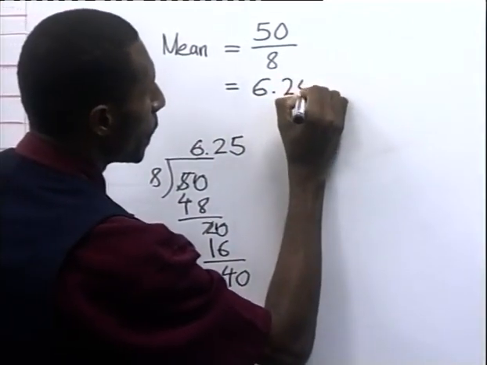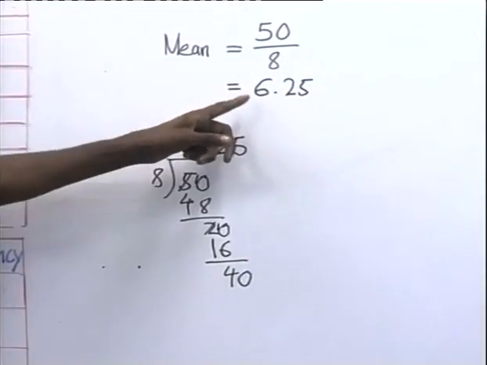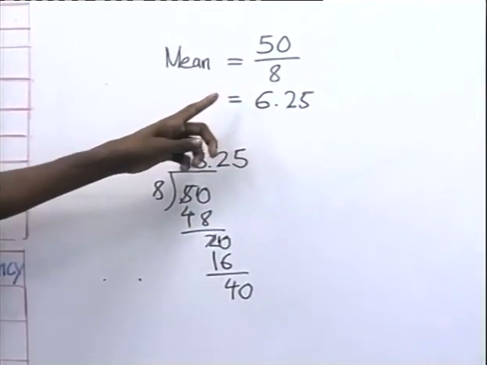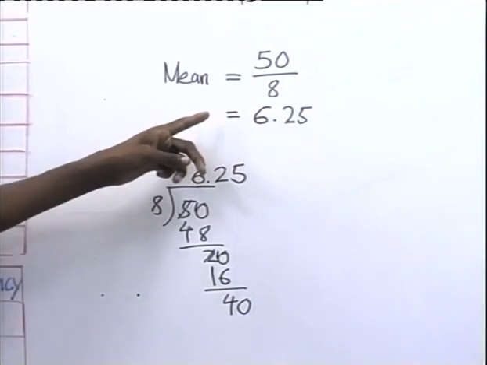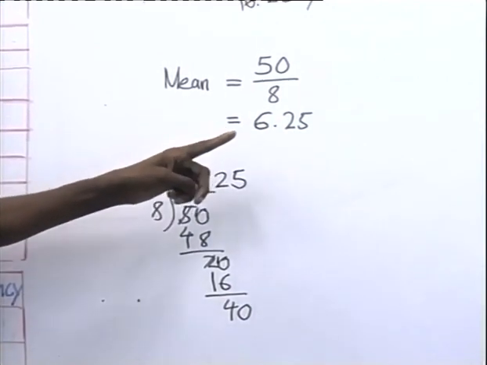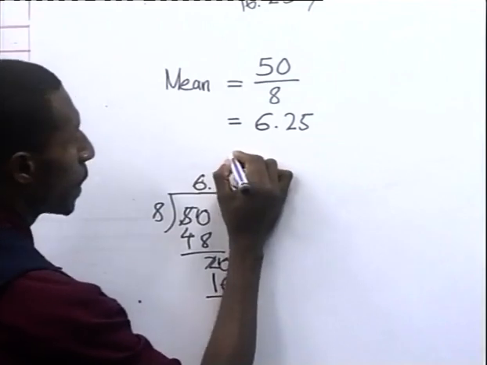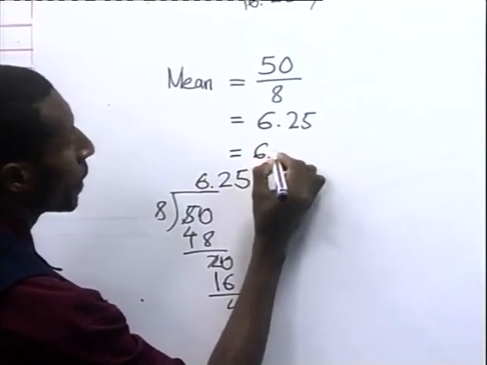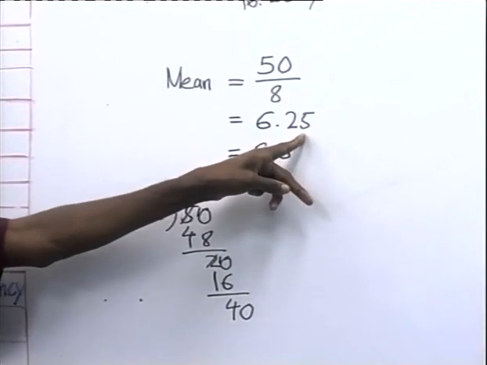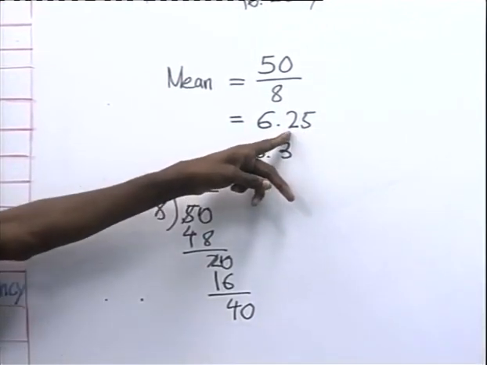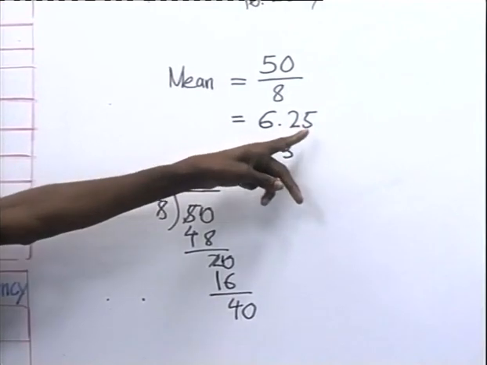So the mean is 6.25. You can round this to nearest decimal, one decimal place. To one decimal place, it is 6.3. Okay? To one decimal place, it is 6.3. We round off this to 3.